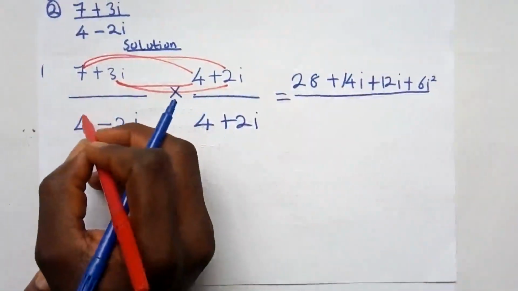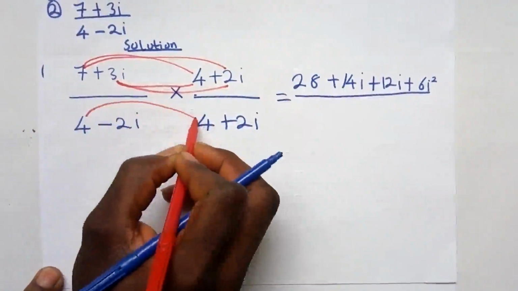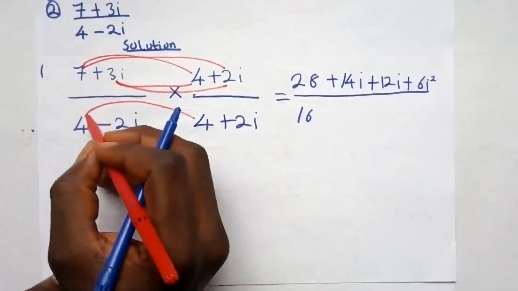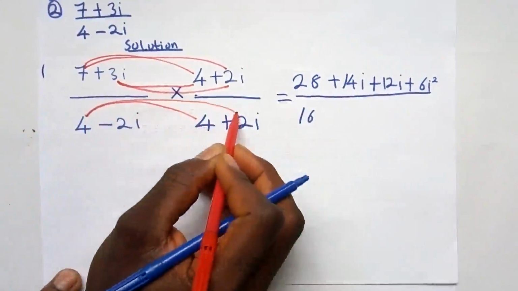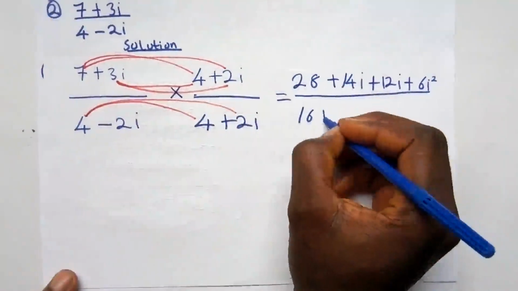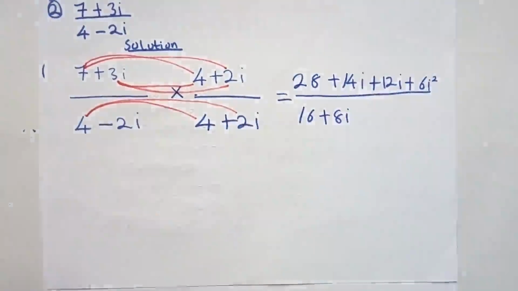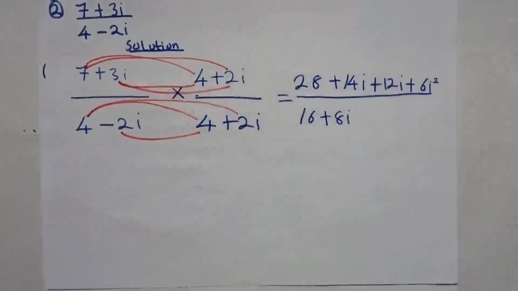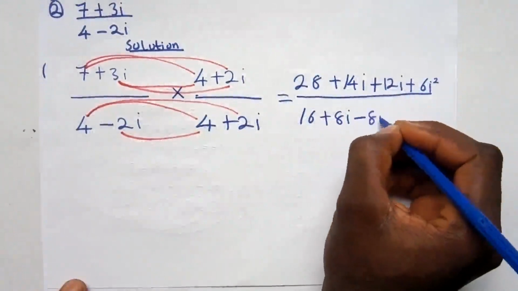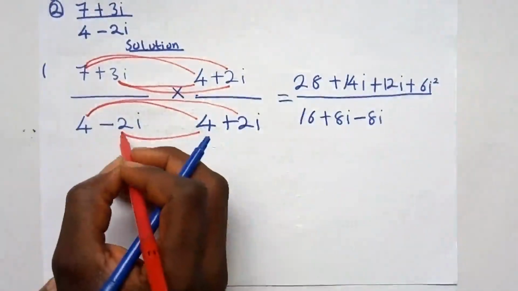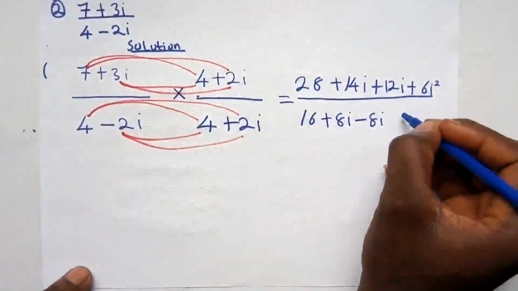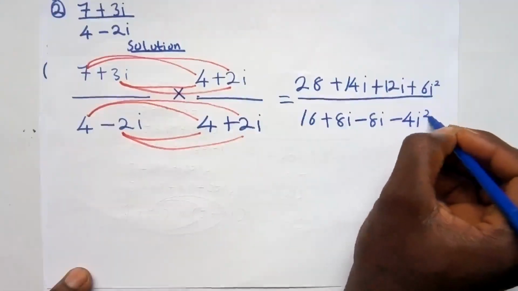Just follow the pattern. 4 multiplied by 4 gives us 16. 4 multiplied by plus 2i gives us plus 8i. Minus 2i multiplied by 4 gives us minus 8i. And minus 2i multiplied by 2i gives us minus 4i squared.